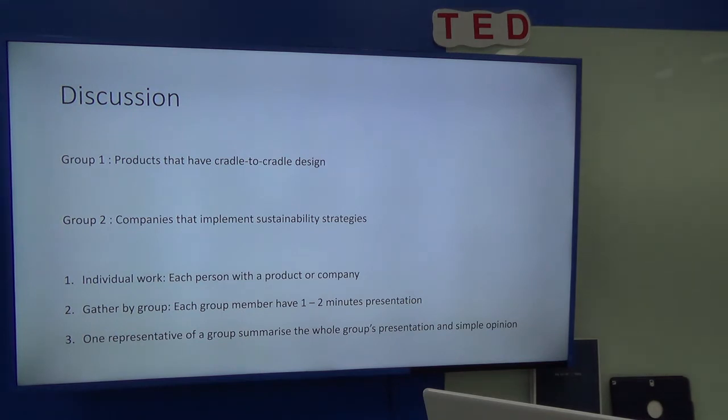I found SK Chemicals. SK Chemicals is one of the C2C certified companies. When I say C2C, it means cradle to cradle. So the company SK Chemicals is one of the C2C companies.